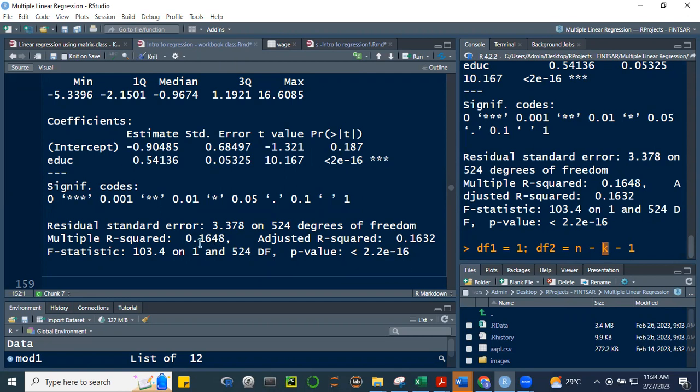Okay, now we have here multiple r squared, 16.48%, and adjusted r squared, which we will discuss in the context of a multiple linear regression in a while. Kasi gusto natin malaman, paano na-compute tong multiple r squared na to at saka paano ma-compute tong adjusted r squared na to?